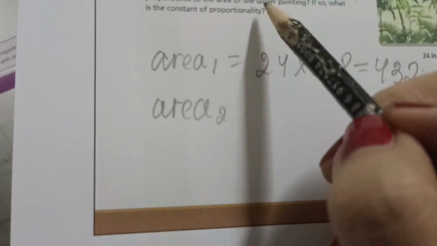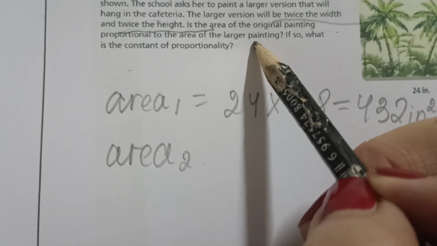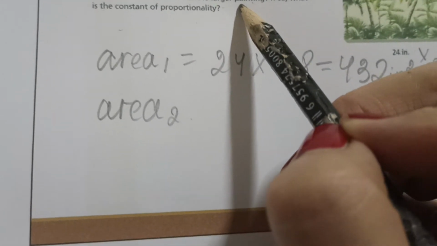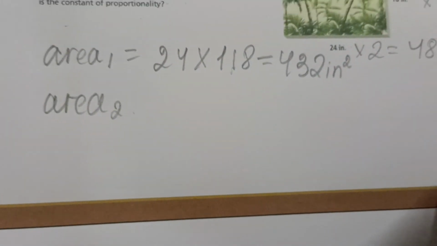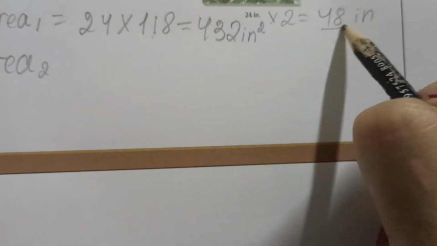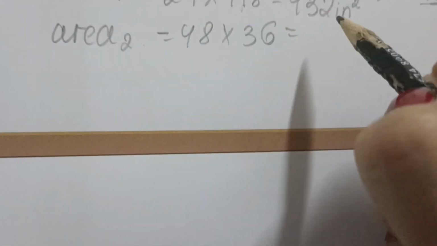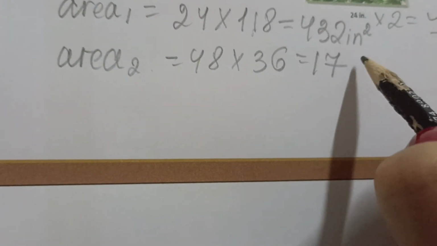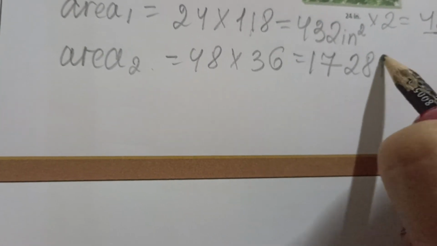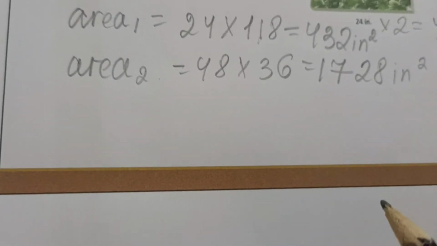Then to find area 2, or the area of the larger painting, okay? We multiply those numbers, 48 by 36, and we get 1728 square inches, okay?